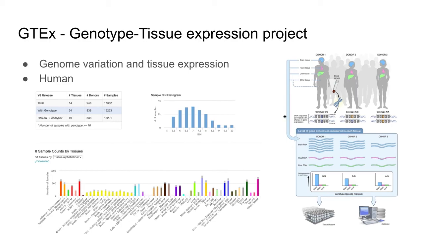So you can make expression analysis which is aware of the genotype, eQTL, quantitative trait loci analysis. Here they have data for around 54 tissues and close to 1,000 donors, and quite a lot of samples. And here you see one example of how genes are expressed across tissues.